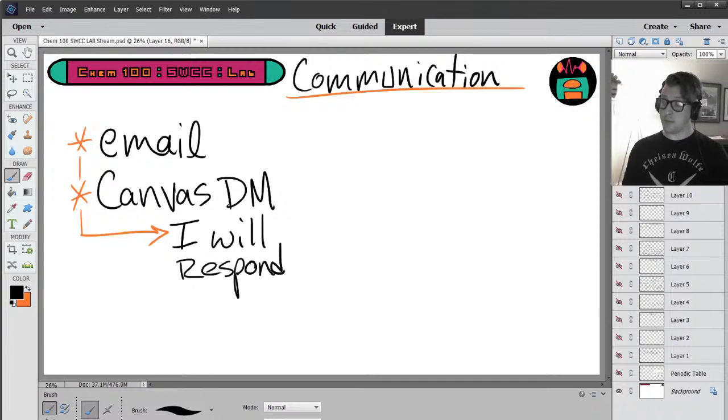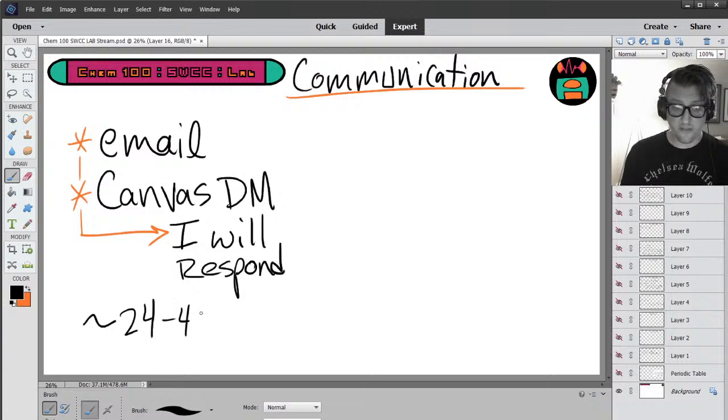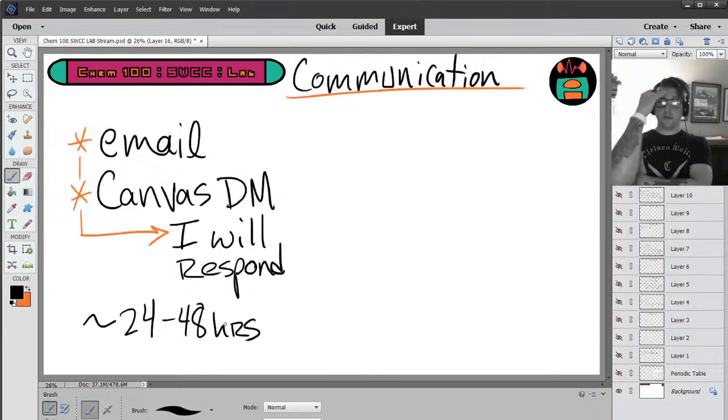How fast I'm able to respond depends upon the volume of messages that I'm answering at that time. Typically, you see a response time between 24 and 48 hours. I always try to get my responses out as fast as I possibly can.